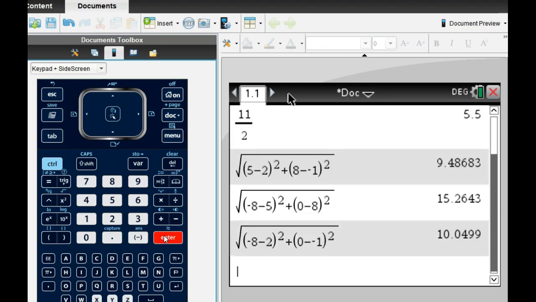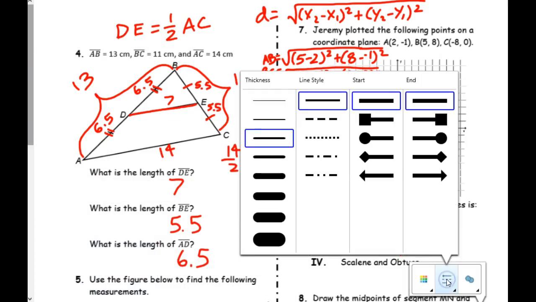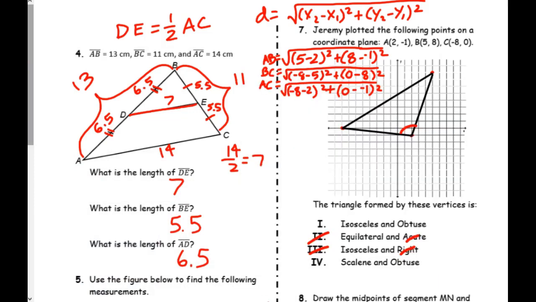Alright, so we got three different side lengths, so hopefully you can already tell what the answer is going to be. It's going to be scalene. Let's write these numbers down though, just so we can have them on here. 9.49, 15.26, 10.05.